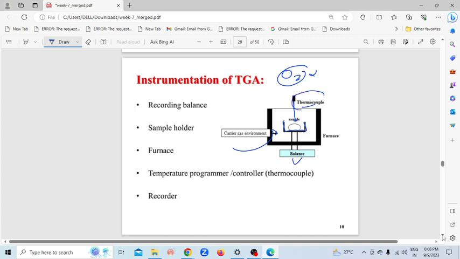It is very important, because you are plotting against temperature. So how will you measure temperature? The thermocouple will measure the temperature of the sample. So these are the recording balance, sample holder, furnace, temperature programmer, controller, and finally the recorder. These are the parts of your TGA instrument.